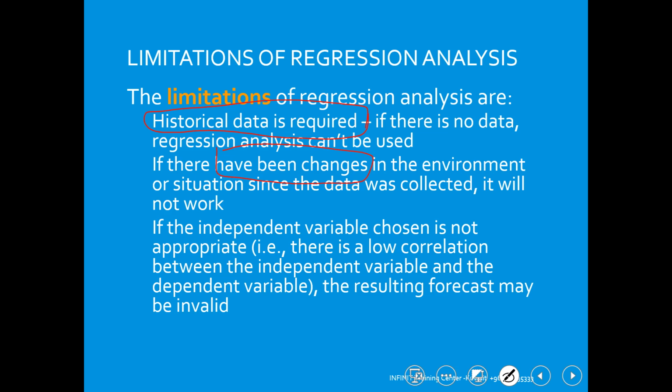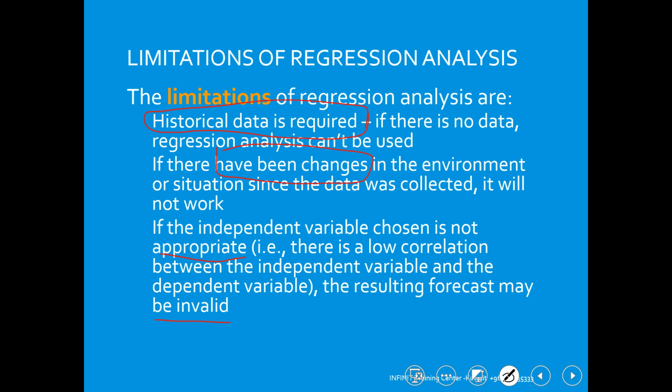That's a limitation. And if the independent variable chosen is not appropriate, the resulting forecast may be invalid. So when there is a low correlation between the independent variable and the dependent variable, your forecast can be invalid. There is not much relationship.